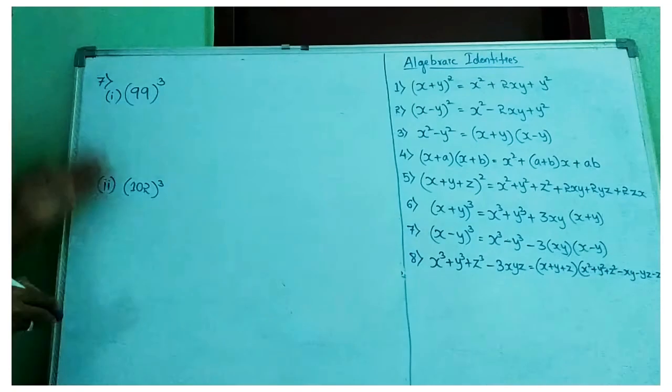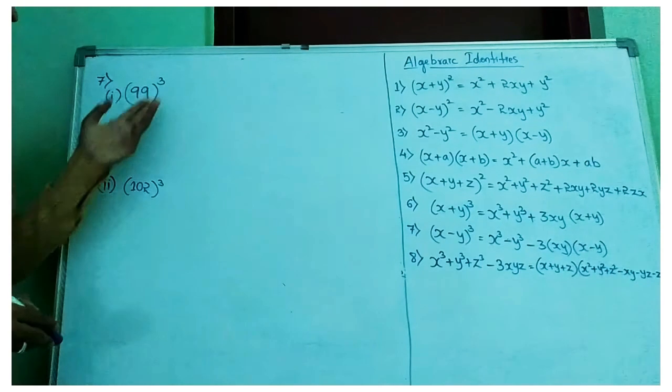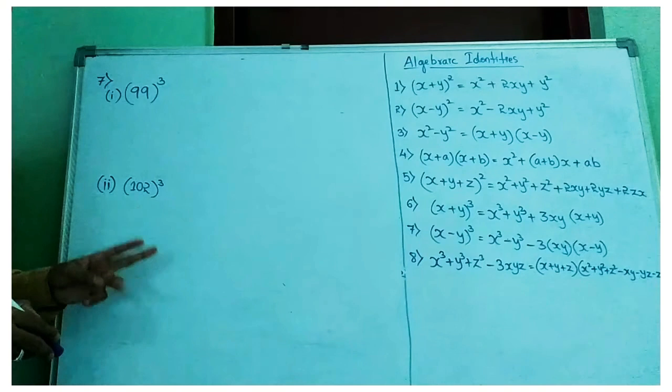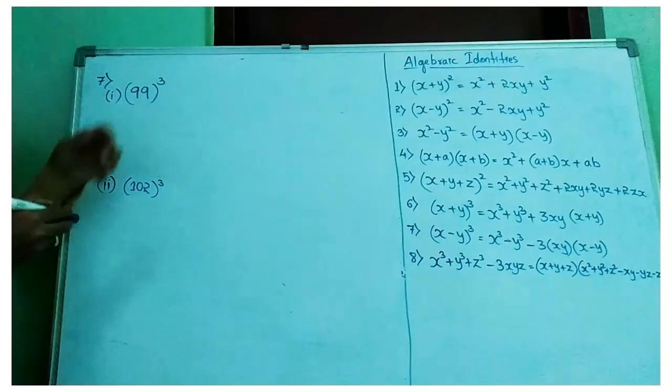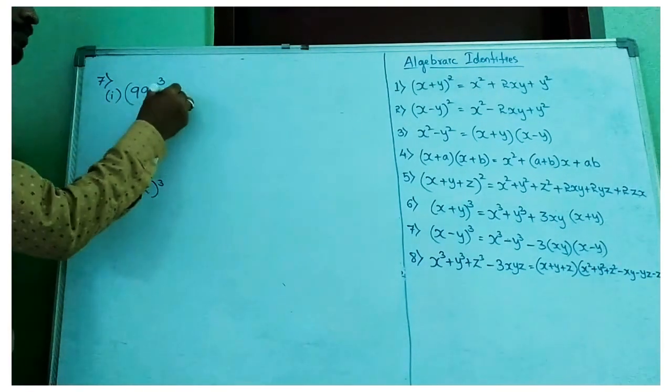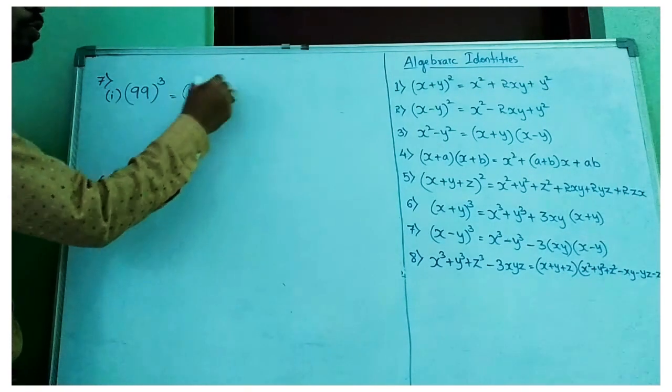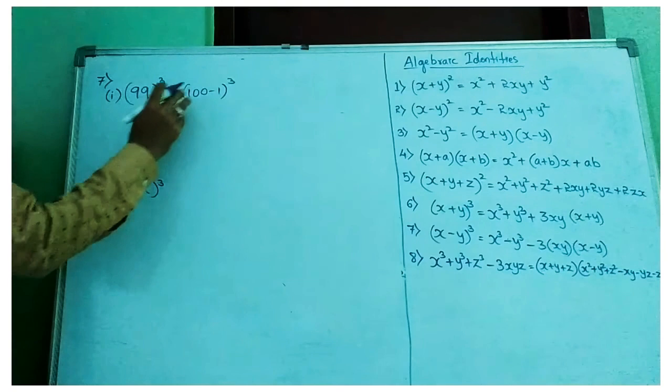Now in the seventh problem, they gave 99 whole cube and 102 whole cube. The three problems they gave, out of 3 I am doing 2 here. So 99 cube I will write as (100 minus 1) whole cube. Why am I writing like this?